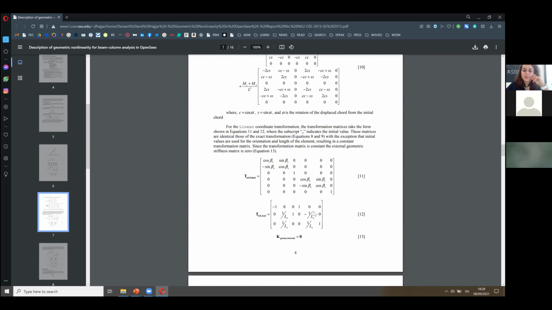But instead, if you're using corotational, we have to take into account rotations, and we have to update the values of the initial.